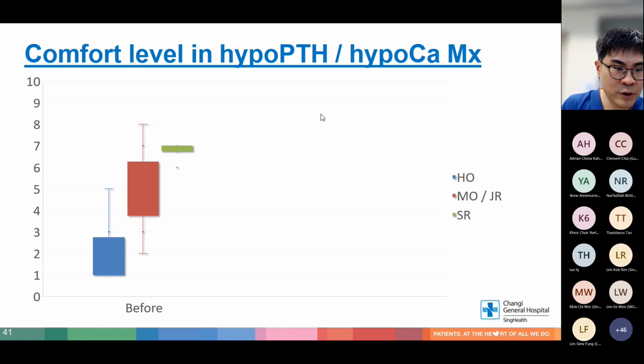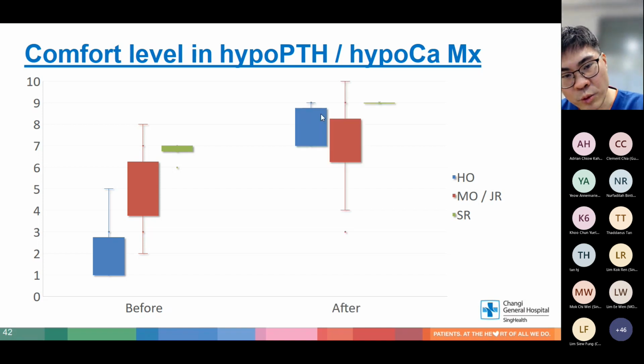But if you look at the blue box, which is the house officers, who will be the main bulk of the team managing it after hours, most of them have not had much experience in managing hypocalcemia or hypoparathyroidism rather.